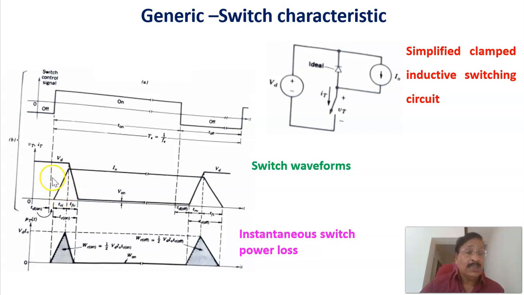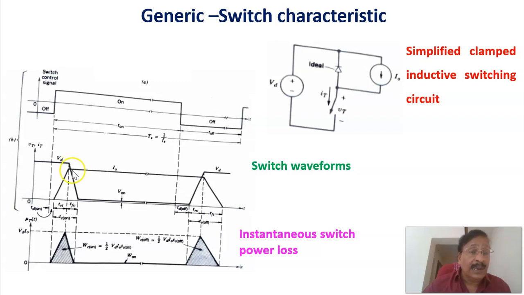Therefore, this is the switching signal, and let us see what the voltage across the switch is. When the switch is off, the voltage across the switch is the same as the DC voltage, that is Vd. At this instant the switching pulse is given, but it takes some time to reduce this voltage from the Vd value.